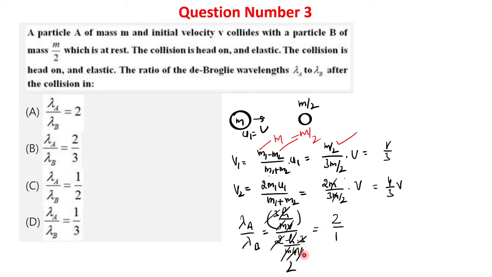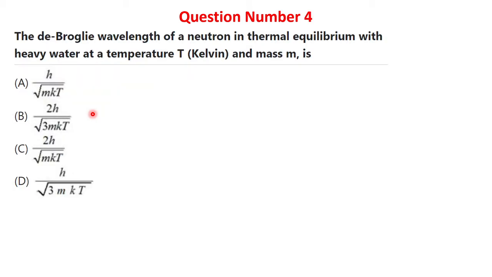Okay, h cancels, m cancels, v cancels, and 2 and 4 cancel. So 2 in the numerator and 1 in the denominator. Why this 2? Because the mass of particle B was m by 2 in the numerator. Okay, the remaining is mathematical calculation. You can carry out yourself. So the answer is 2:1. Option A is the correct option.